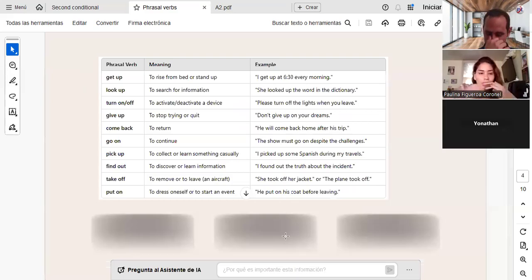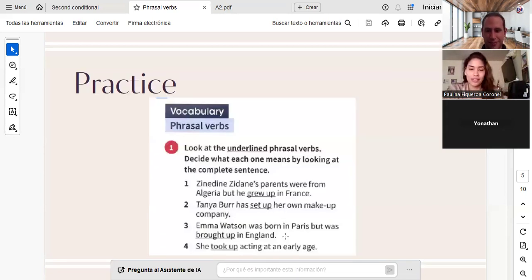Paulina, you have your microphone off. Como que se convirtió en actriz, podría ser. Comenzó a temprana edad, más bien. She took up acting at an early age. O sea, ella comenzó a actuar muy joven, right?